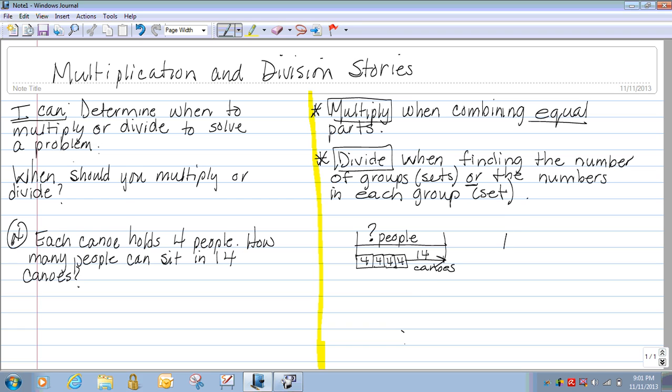So I can multiply 14 canoes times 4 people in each canoe. 4 times 4 is 16. Where I regroup the 1. 4 times 1 is 4. And 1 more is 5. So there are a total of 56 people.